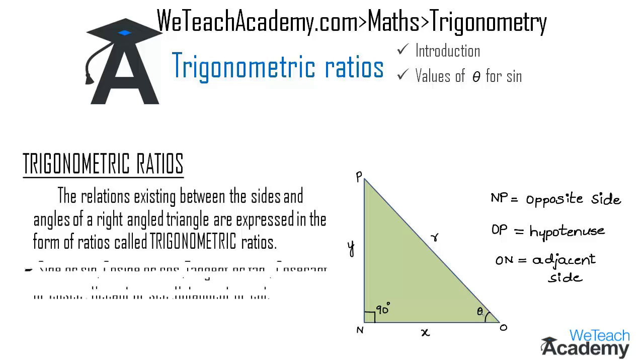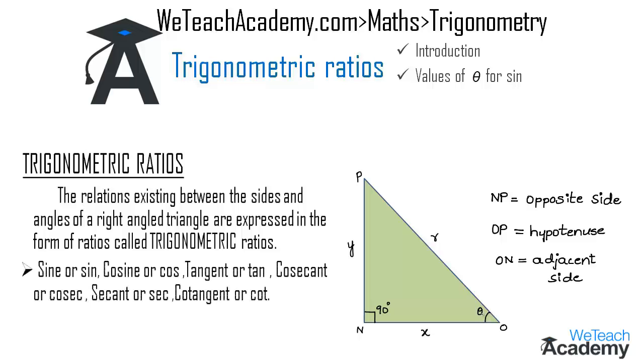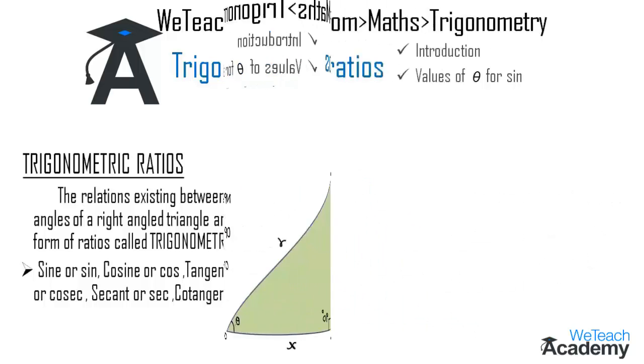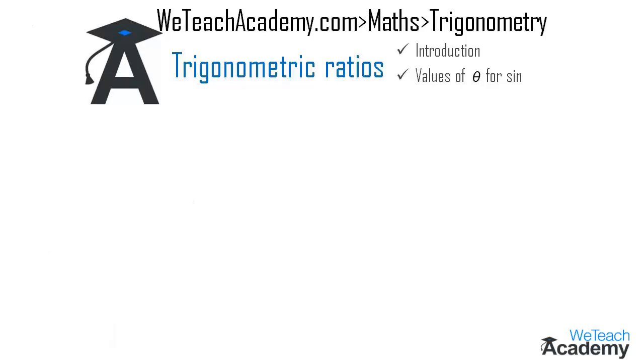Those ratios are named sine, cosine, tangent, cosecant, secant, and cotangent. And now let us move forward to the next section where we are going to find the values of theta for sine. So first, let us find the value of sine 0 degrees.